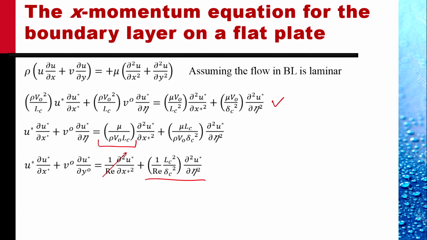We'll get back a first order equation, which definitely cannot satisfy the boundary conditions of no slip at the plate. So this term should be retained in the equation, and so this coefficient should be of order 1.